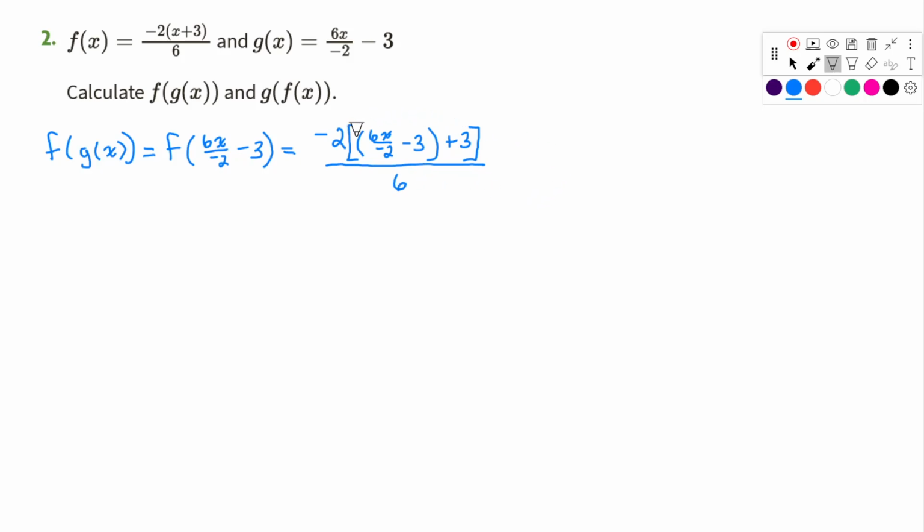I notice that I don't have anything inside the brackets that need to be multiplied with the 6x over negative 2 subtract 3, so I could ignore or eliminate these parentheses and go ahead and simplify what I have inside the brackets, which is that negative 3 plus 3, so now I have negative 2 times 6x over negative 2 all divided by 6.